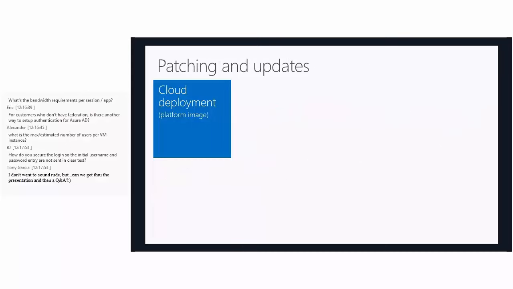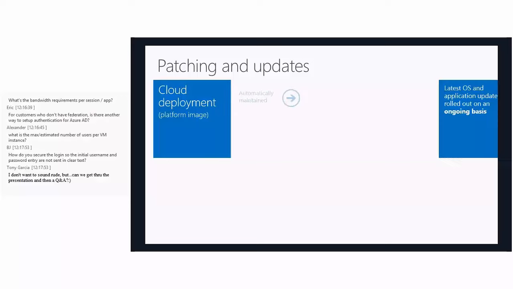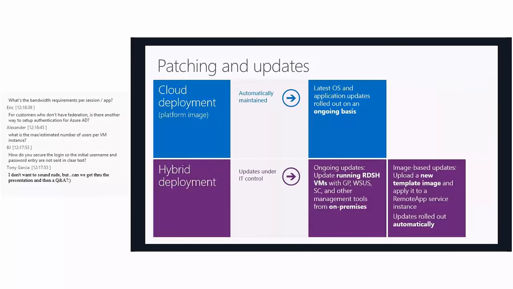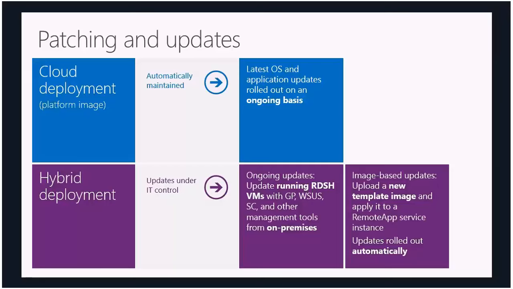Okay, patching. I do want to touch on this slide. When you create an image and hand it off to us for cloud deployment, we'll handle the patching for you. When you have a hybrid environment where you have a site-to-site VPN and you're authenticating against your Active Directory, you have to manage the patches to your Azure RemoteApp instances.